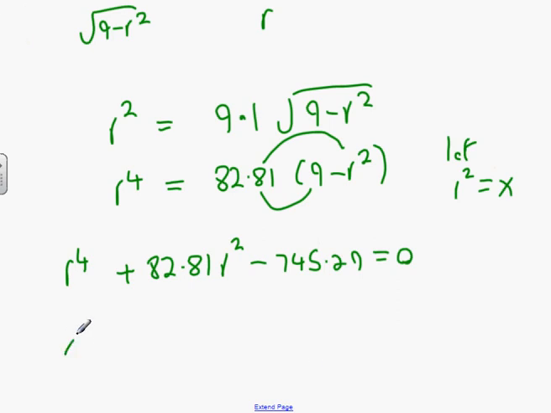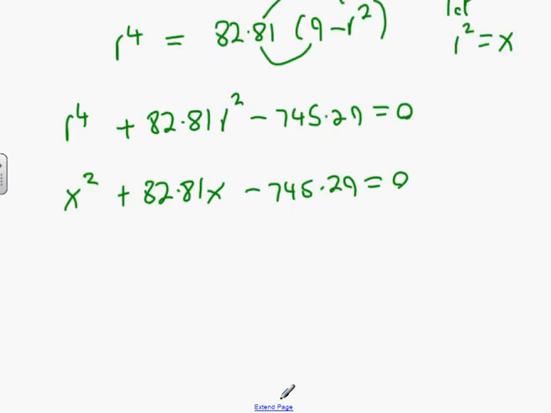So this now becomes x squared plus 82.81x minus 745.29 equals 0. It's minus b time. Okay? So a equals 1, b equals 82.81, which still does not mean we're wrong. c equals minus 745.29.